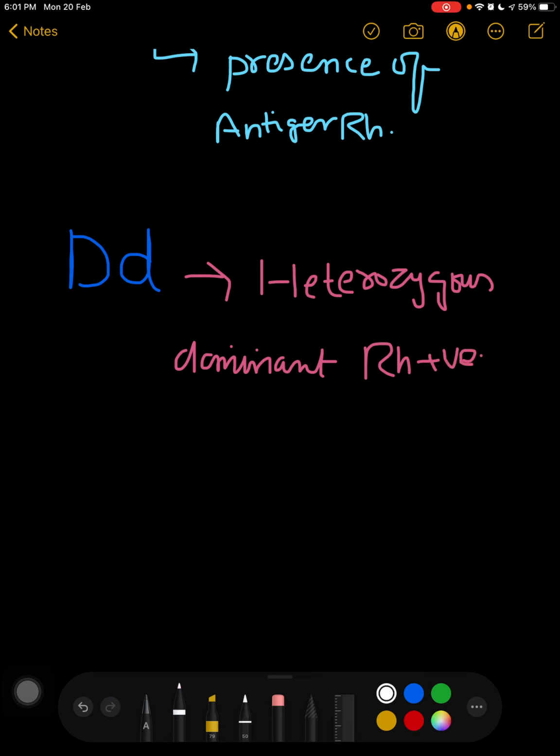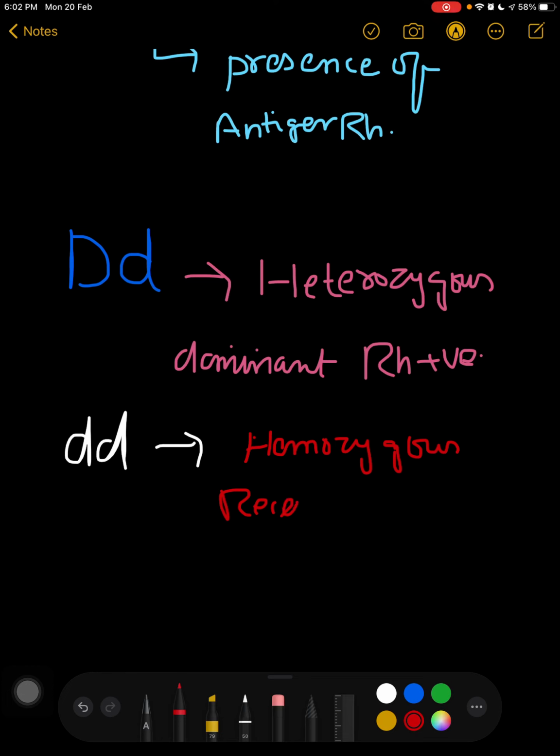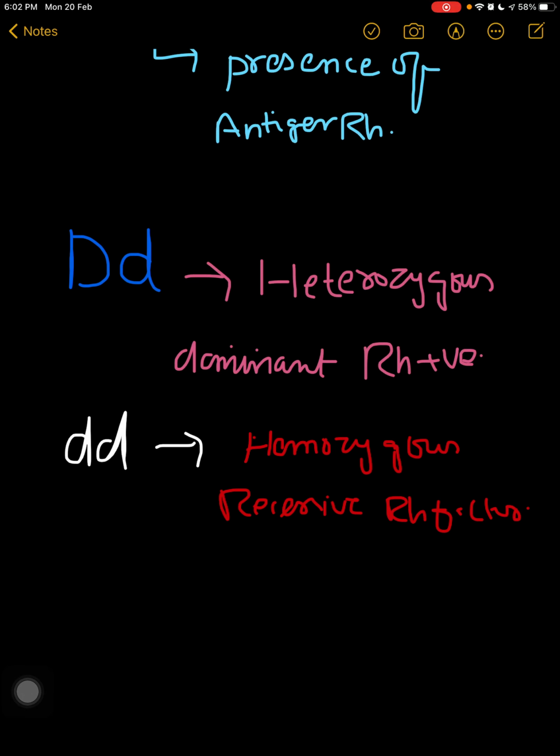Or for example, something like this, dd. So it means it is homozygous recessive Rh factor, right?